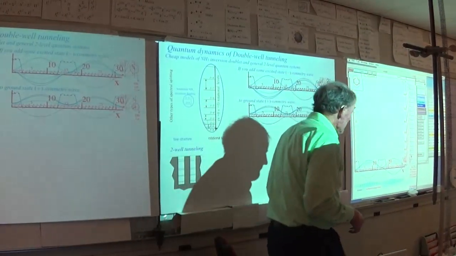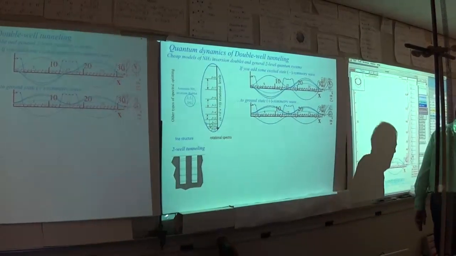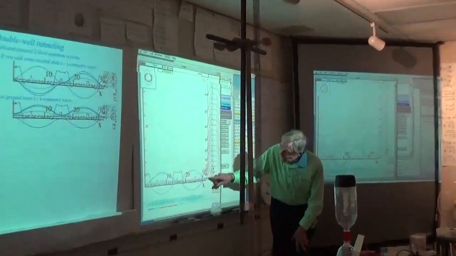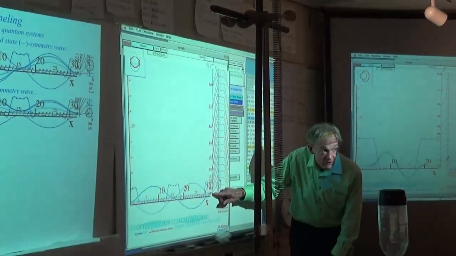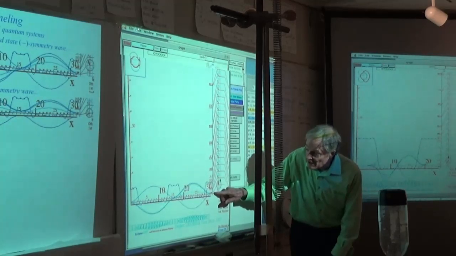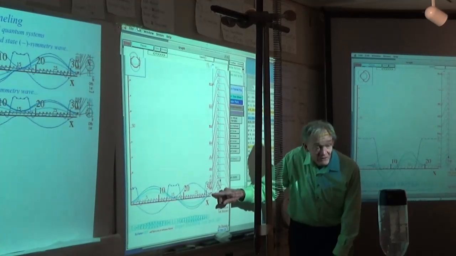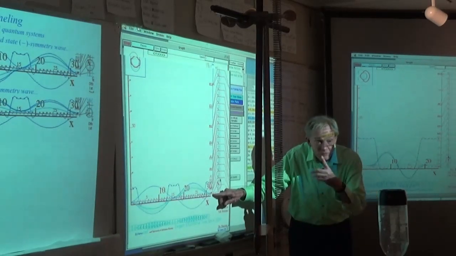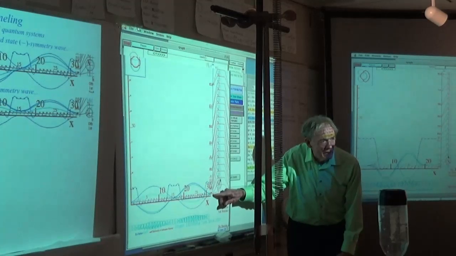Now, let me point out on this one, again, that the energy between these two, right here, is really small. It's less than a pixel, so you can't see it. There's a tiny splitting between these two levels. That's like those tunneling splittings that are in the superfine structure that we're going to be talking about for the molecules.